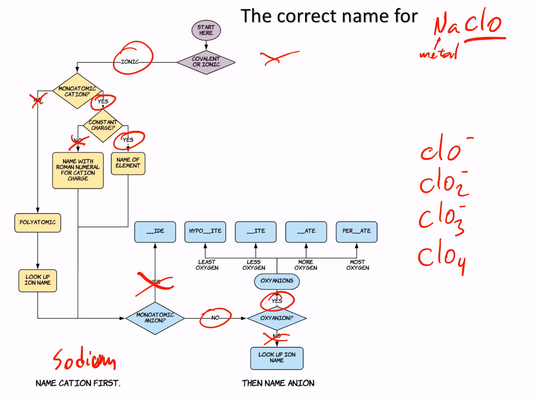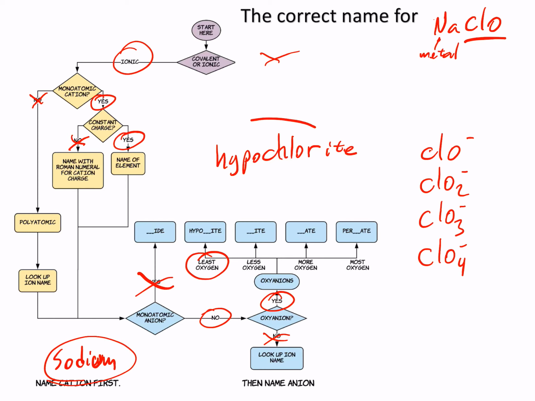All of those have one negative charge. Where does this fall into this? Is that the one with the least or the most oxygens? Well, it's the one with the least. So you have to add hypo, that comes from chlorine, and you end up with ite. So this is sodium hypochlorite, and that's the main ingredient in common household bleach.